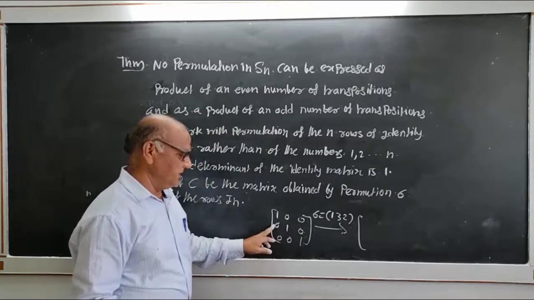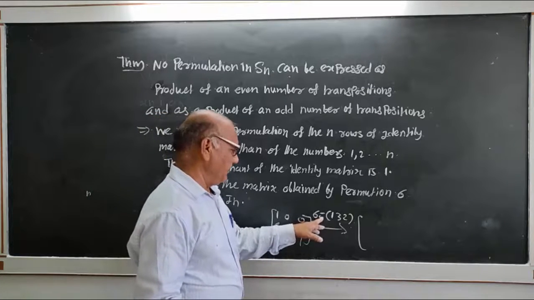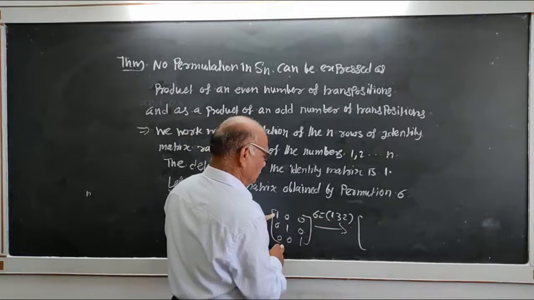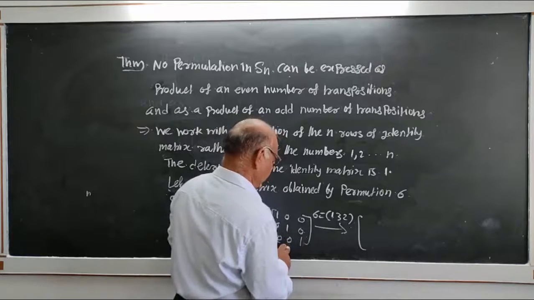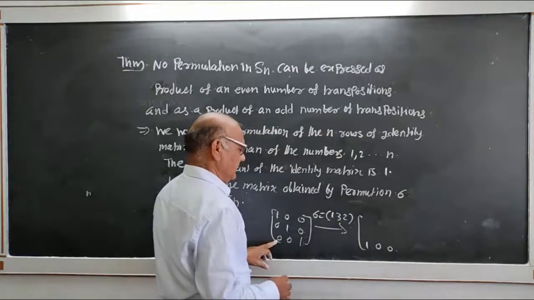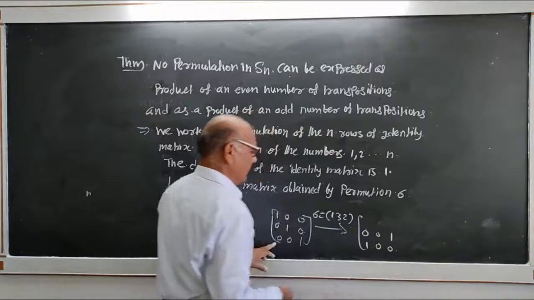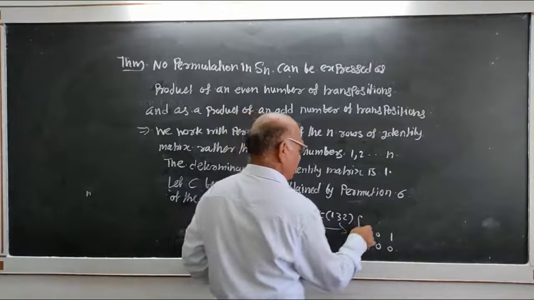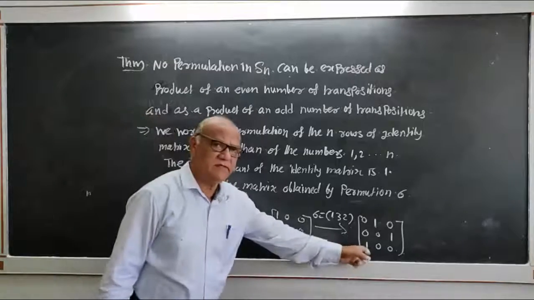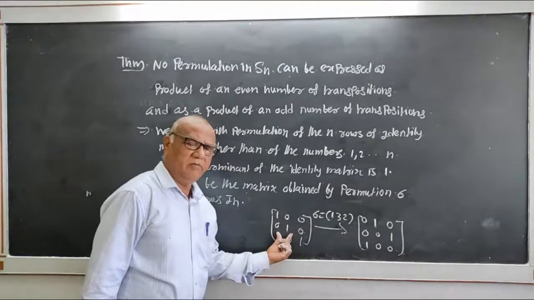Then this is the identity matrix. By permuting these rows, that means 1 goes to 3, here 1 0 0, okay, 3 goes to 2, that means 0 0 1, and 2 goes to 1, 0 1 0, like this. This C is obtained this way from the identity matrix.